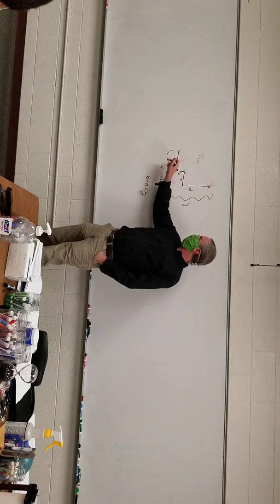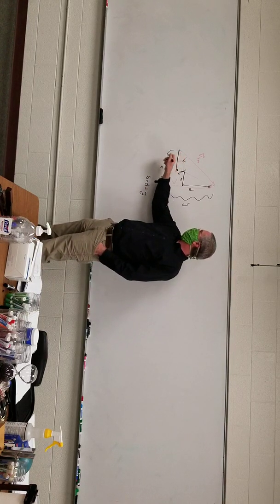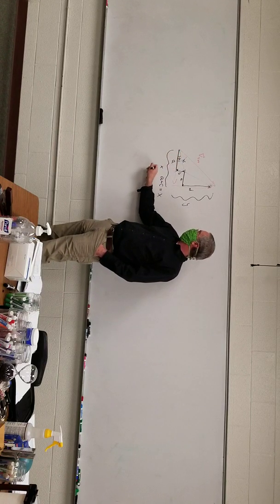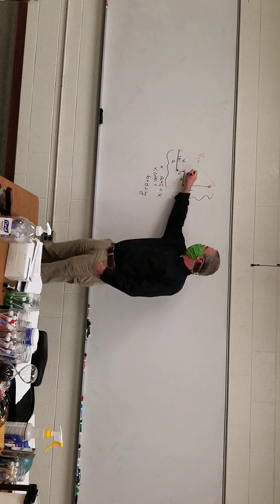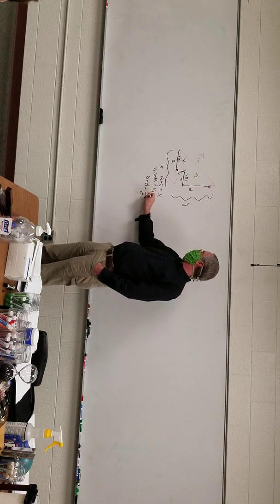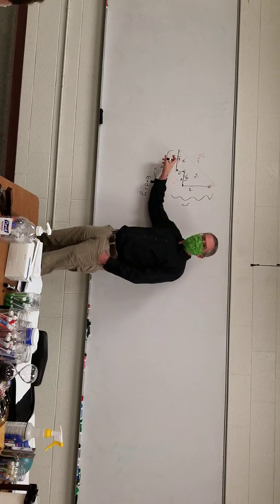A is basically, I have this, call it V1, theta 1. So A is V1 cosine of theta 1. C is going to be V2 cosine theta 2, and that is equal to whatever this whole thing is.